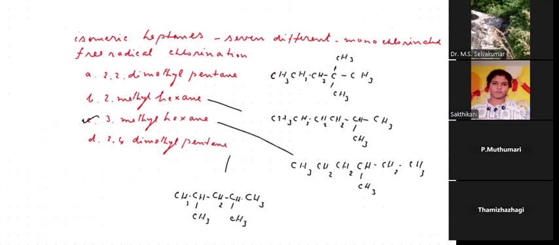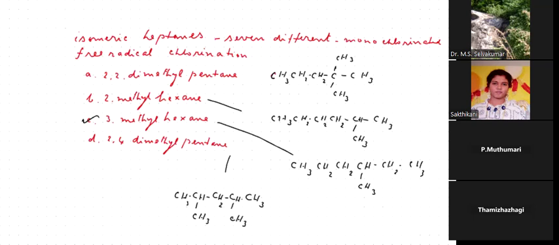So the 3-methyl hexane has 7 different types of hydrogens. That means their chemical environment is different. So their replacement will give you 7 different monochlorinated free radical substances. Or this isomer is able to give 7 different monochlorinated products.